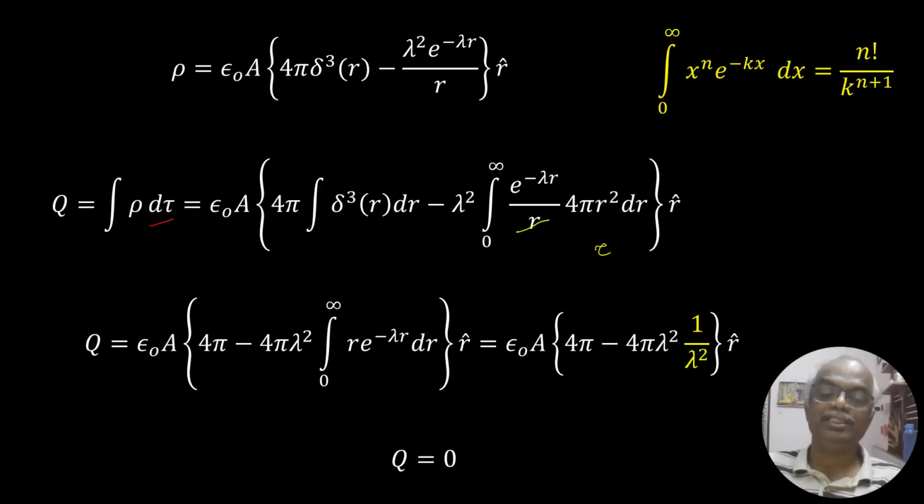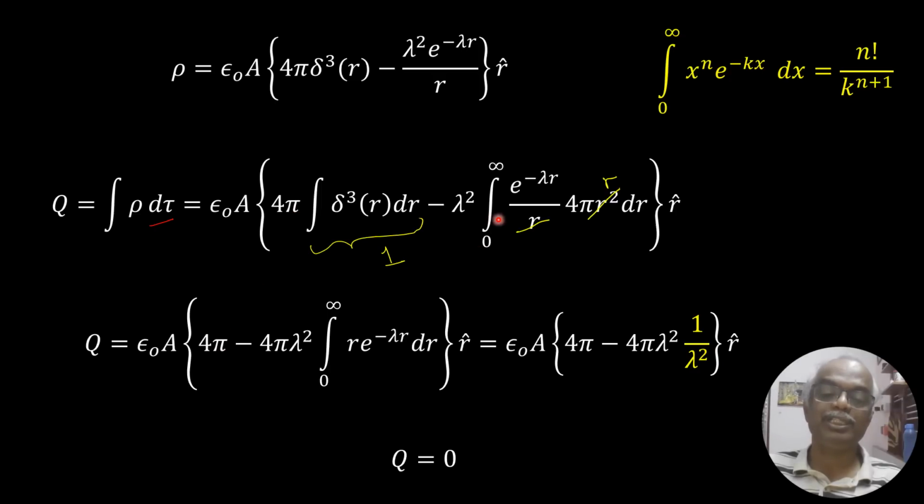Now I am cancelling this r with this r squared, which will become just r. So you can rewrite this 4 pi. If you integrate the first one, delta, that is the Dirac delta function, delta 3 of r d tau must be equal to 1. So this will be simply 4 pi.